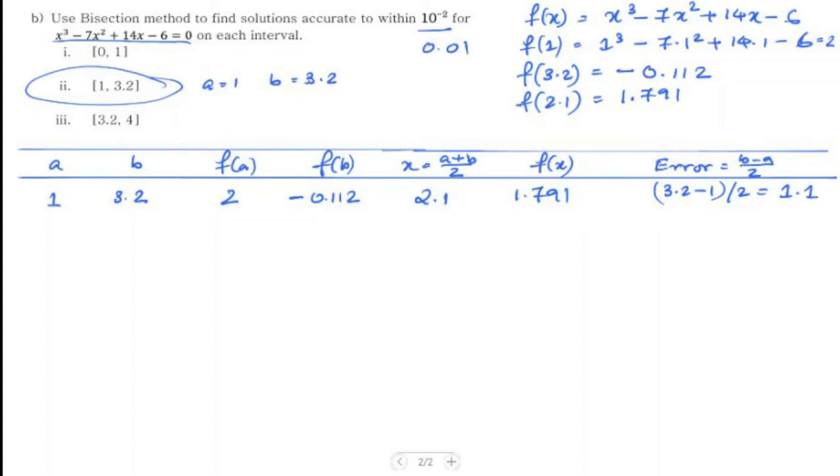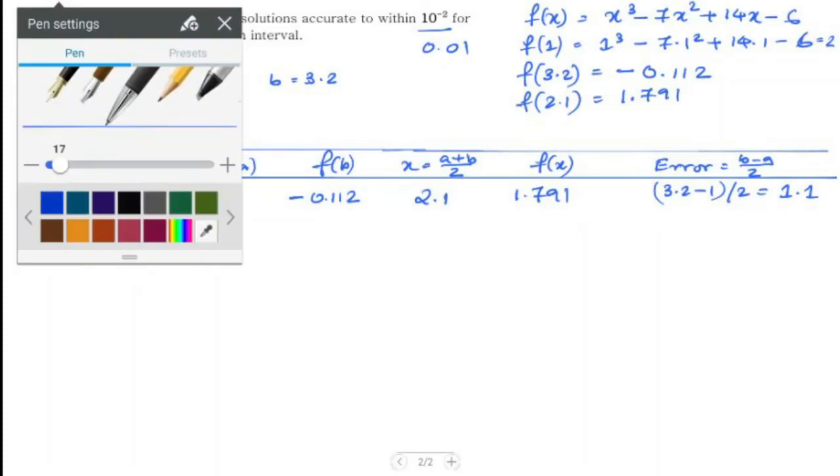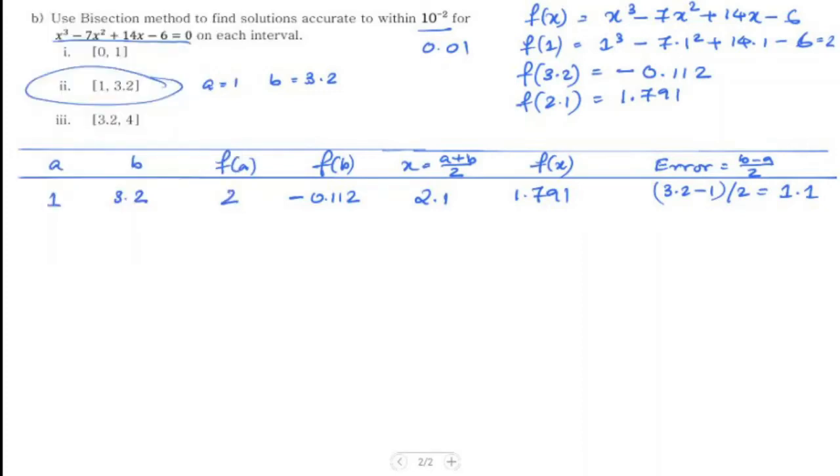Now for the next one, again we'll check the sign of f of x. The sign of f of x here is positive, right? It's a plus, it's not negative, so it's positive. And if it's positive, it will replace whichever of these two is positive. So this is the one that's positive, so that would replace this one here.